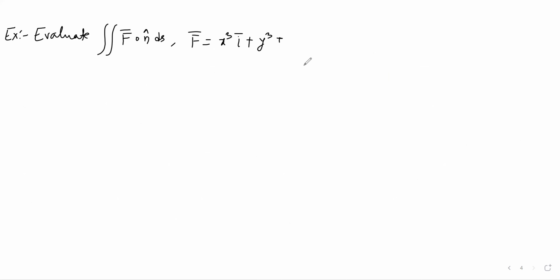Evaluate the double integral of F bar dot n cap dS, where F bar is x cube i bar plus y cube j bar plus z cube k bar over the region of the sphere. The sphere is given as x square plus y square plus z square equal to 16, over the surface of the sphere.